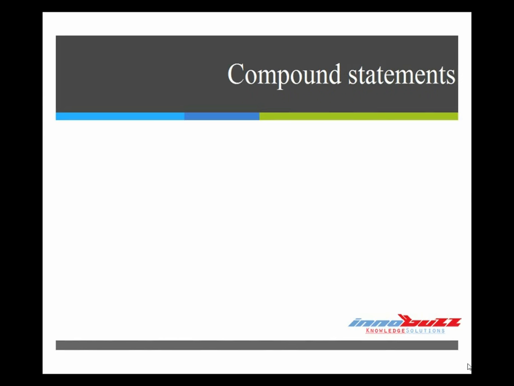We are going to talk about compound statements now. In the previous topics in this chapter, and the previous chapters, I have talked a lot about program blocks enclosed by curly brackets. Now let us talk about these in detail. These parts of the program are called compound statements.